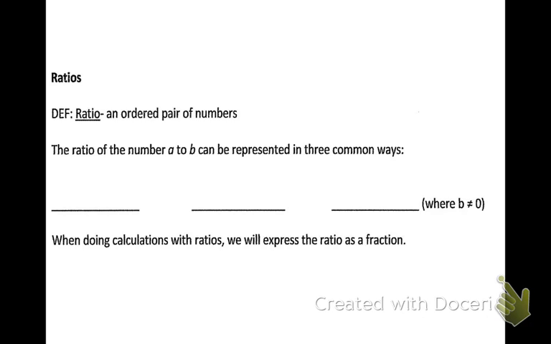That would be A over B, where B does not equal 0, as a fraction. Anybody else know another way to express a ratio? Okay, so we have A to B. Just writing A to B like that, or then you can do A colon B. Those are all ratios.